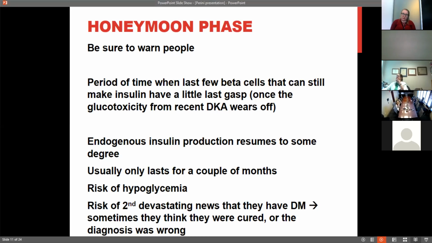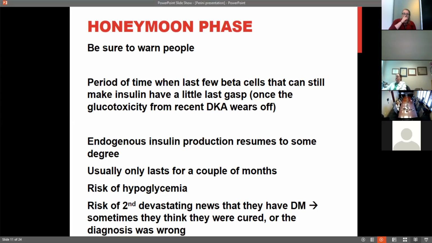And then for some people who have recently been diagnosed with type 1, they call you and say, I haven't taken any insulin in a week and my sugars are perfect. I must be cured. Thank goodness. So you have to tell them, hopefully before any of this happens, to expect this honeymoon phase where they are off of insulin, or some people are just on baby doses.